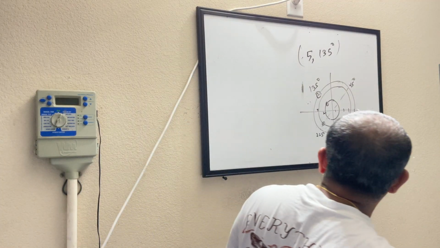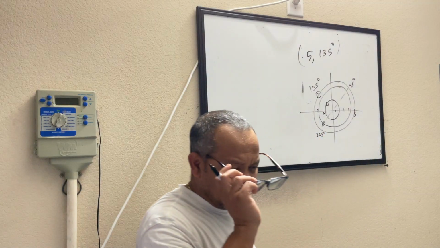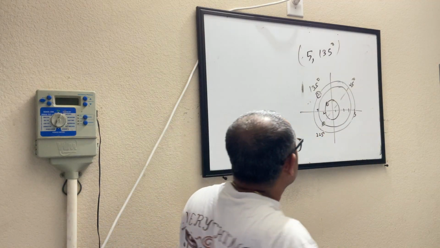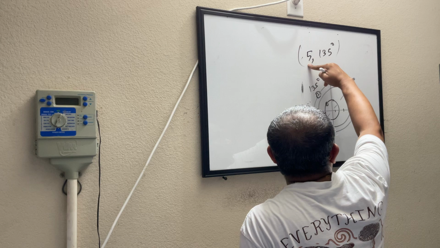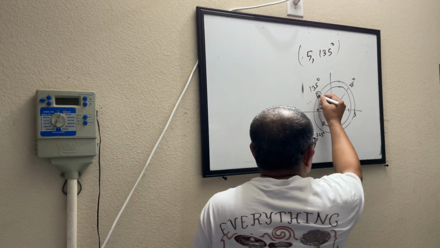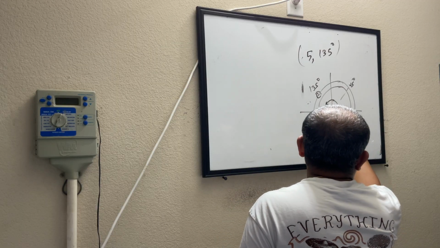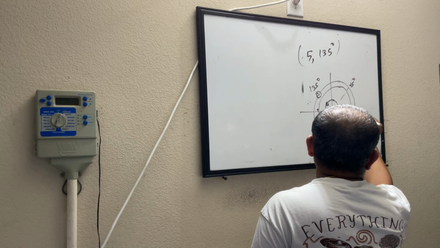Do you think this problem needs to be solved? No. Vishal, do you think this problem needs to be solved? I'm saying it says find out the polar, locate the point with this polar coordinates. You have three options, this one, and this one. And this is 1, 2, 3, 4 and 5.